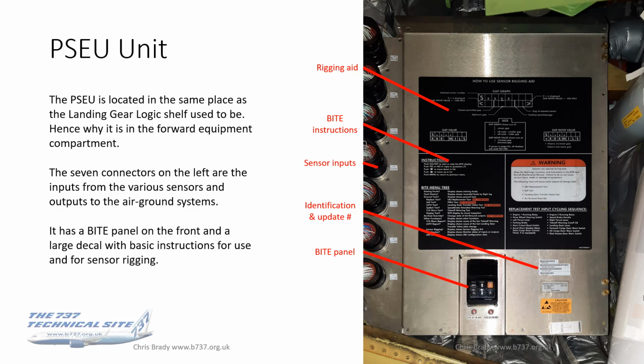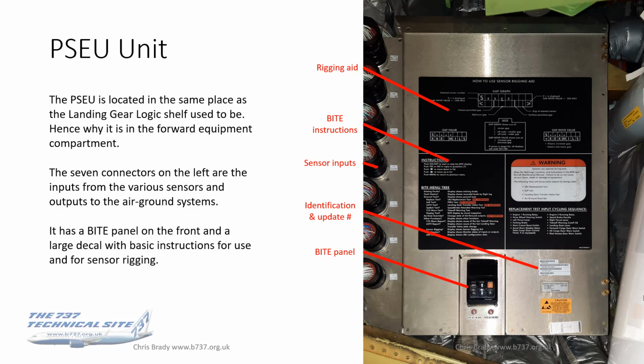So looking at the actual unit itself in a bit more detail, I say it's in the same place as the landing gear logic shelf, so that's why it's in the forward equipment compartment. You've got 7 large connectors on the left, each one of which is a kind of wiring loom in itself, and they're inputs from the various sensors and outputs to the 2 air ground systems.